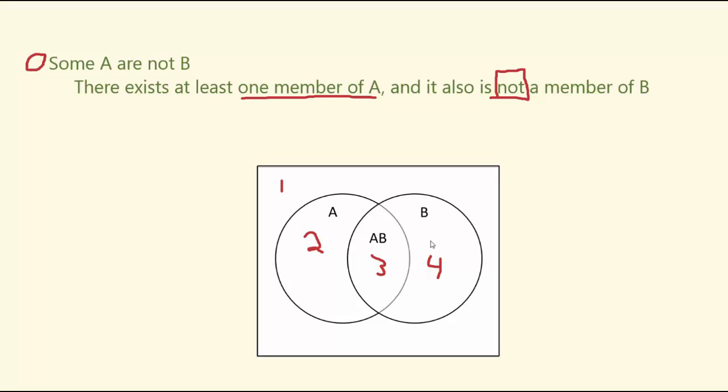And I can't put an X in area 4, because that would be to commit myself to the existence of a B that is not an A. But what I've committed myself to is the existence of an A that is not a B. So I need to put it in area 2. It's an A, but area 2 is outside of our category of B. So this is an A that is not a B.